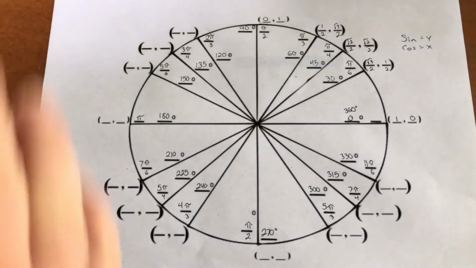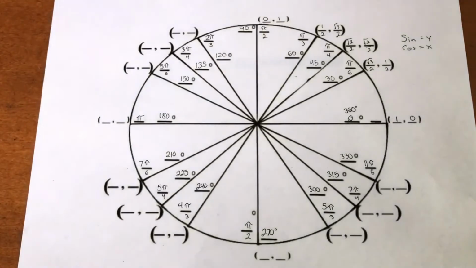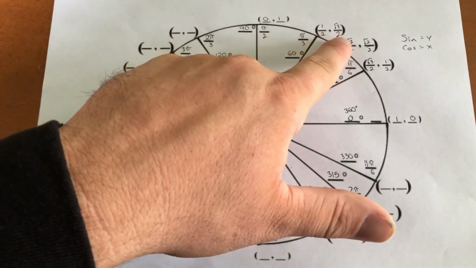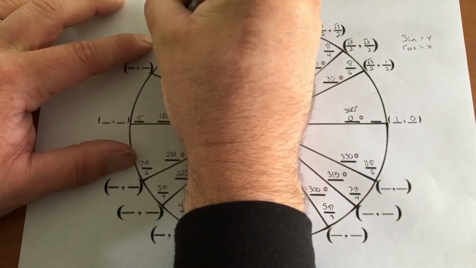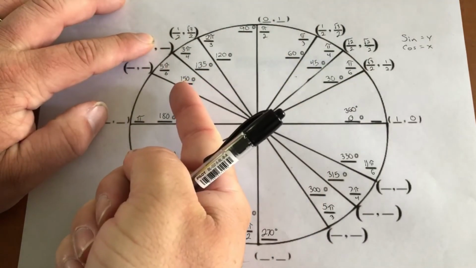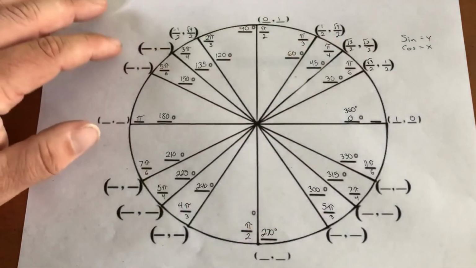Now, all the rest of the circle is the same exact things. The only thing that changes is the sign. So for instance, if this pi over 3 was 1/2 and root 3 over 2, this one is going to be 1/2 and root 3 over 2, but now it's over here where my x values are negative, so this is negative 1/2, root 3 over 2.